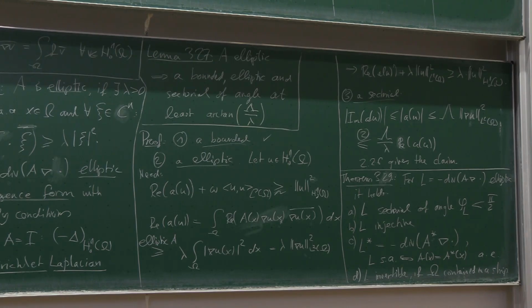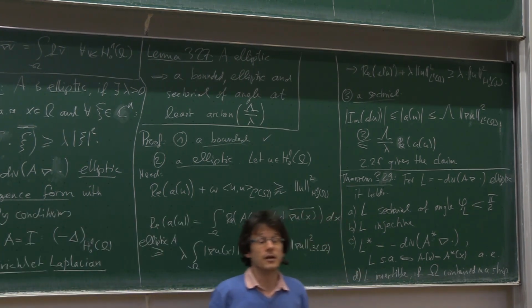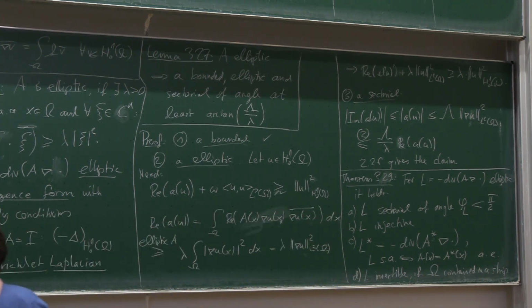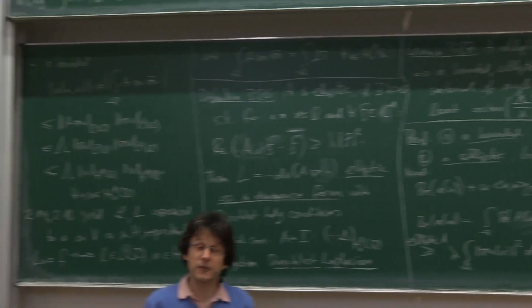So they are really nice operators in L2, sectorial, injective. We know something about their adjoints. We know when they are self-adjoint. So we have a good starting point to further investigate these operators, and this will then be the topic of the forthcoming weeks.